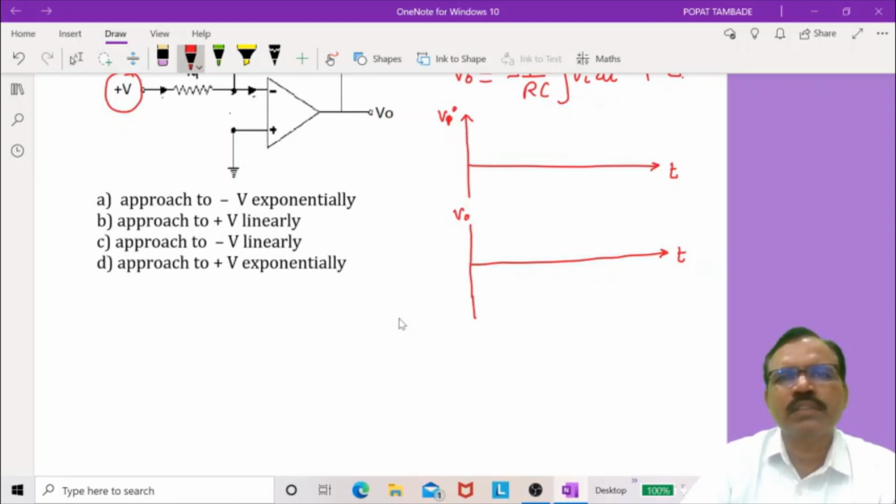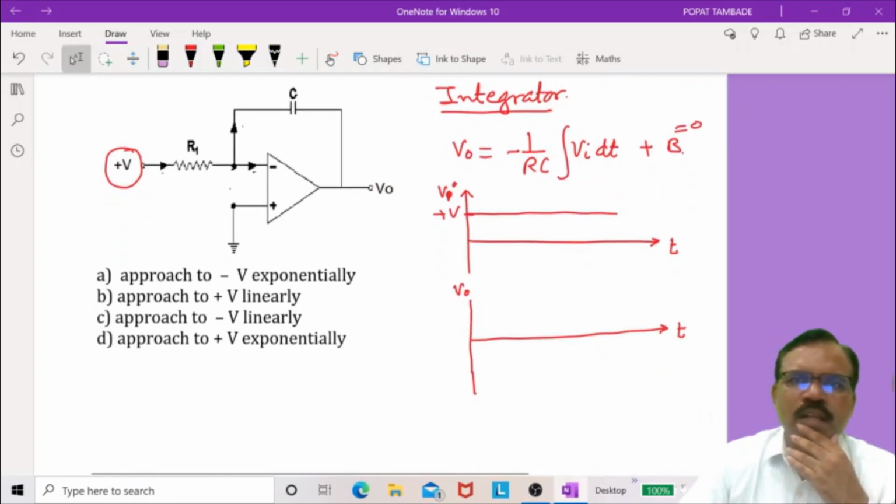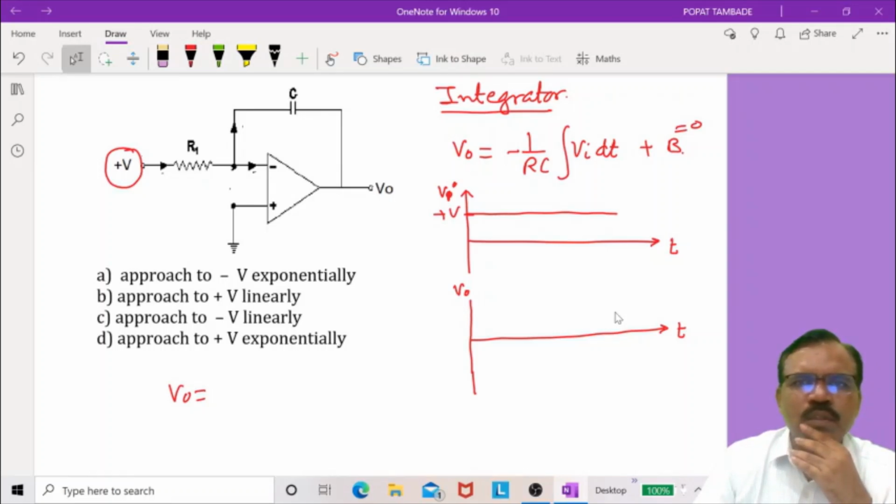What is the input? The input is some positive value, plus V, and it is constant with time. And suppose we take the constant as 0. So what is V0? V0 is the integration of Vi dt multiplied by minus, so it is inverted. What happens? This goes on adding with time, it is simply an integrator. So it goes like this.